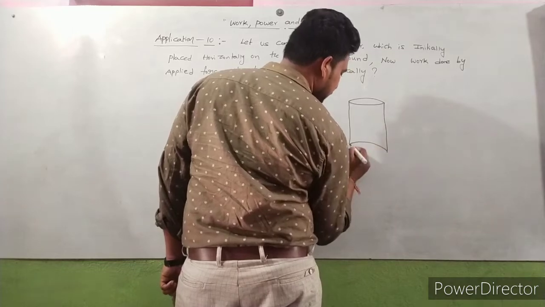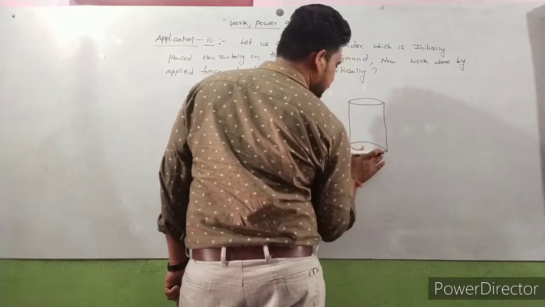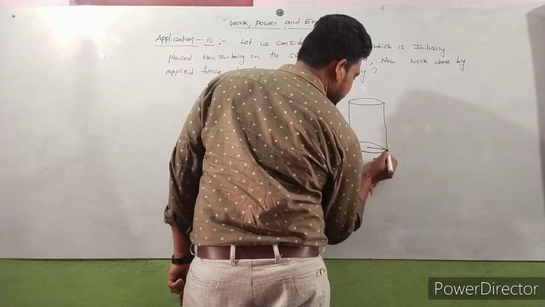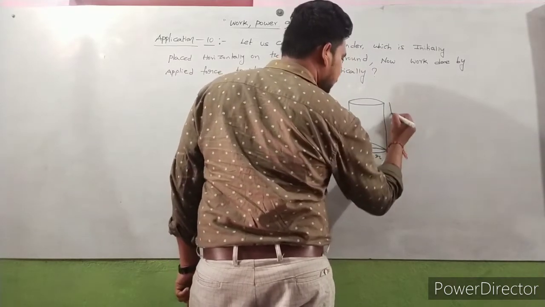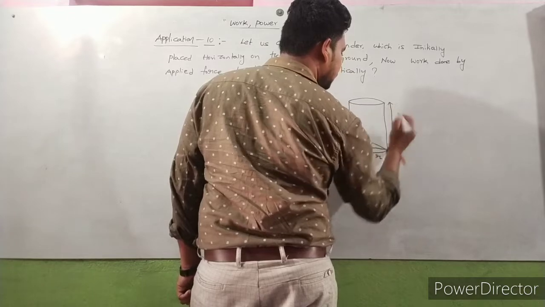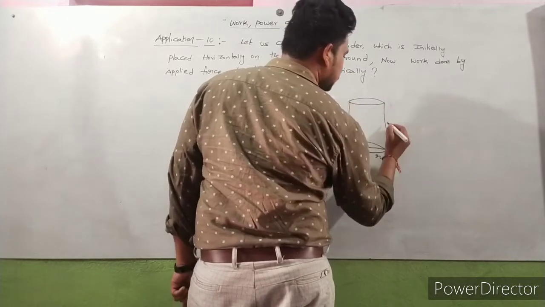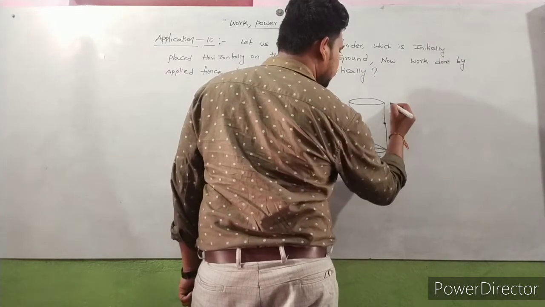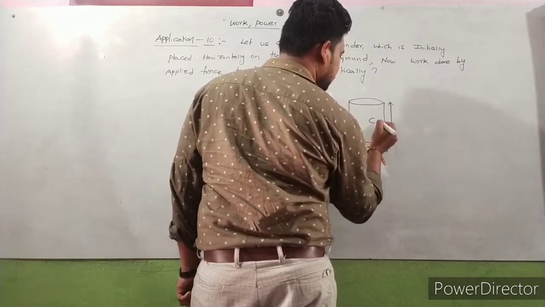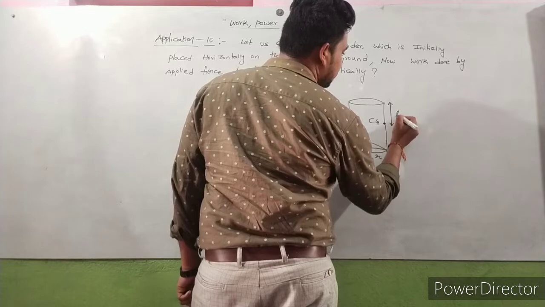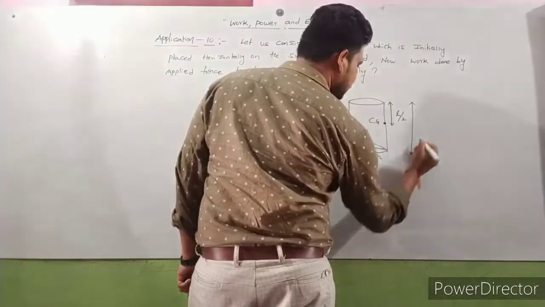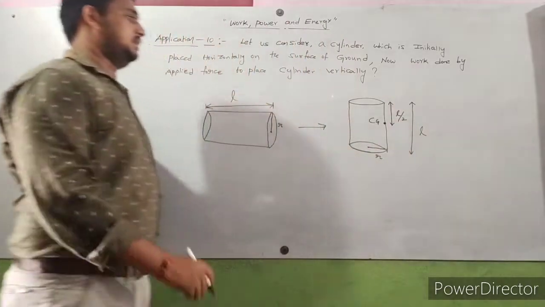So here is the radius R, and this is the total length. Initially this is the center of gravity of the cylinder. This is nothing but L by 2. The total length is L.